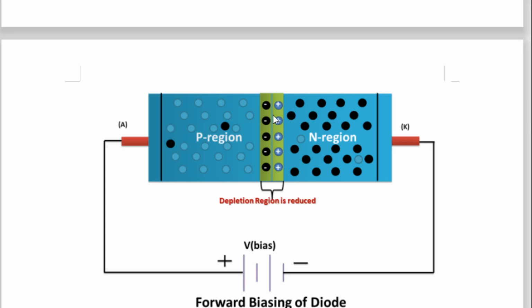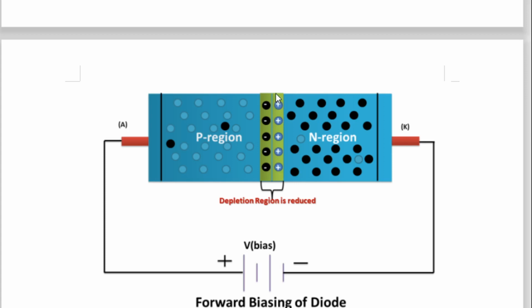So on the right-hand side, very close to the junction, the atoms that have lost the electron are going towards positive charge, and therefore are marked as plus.